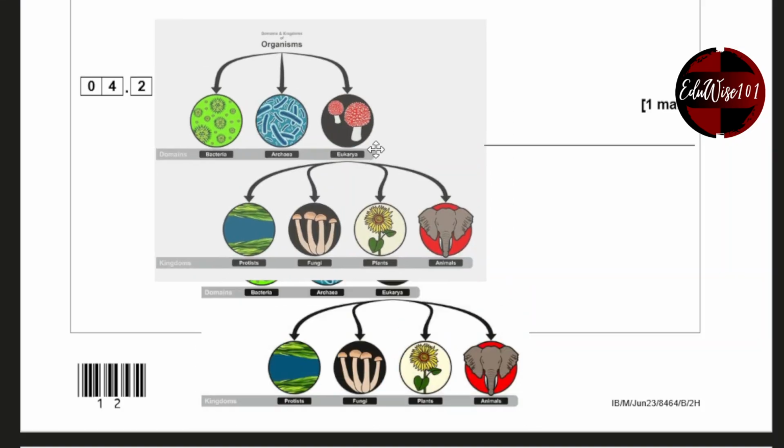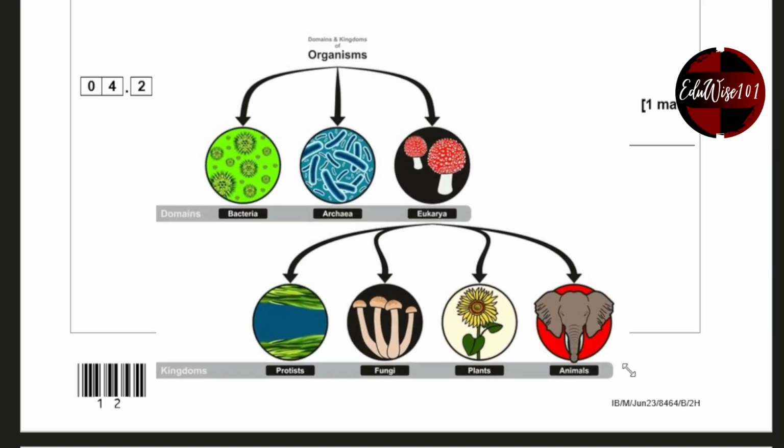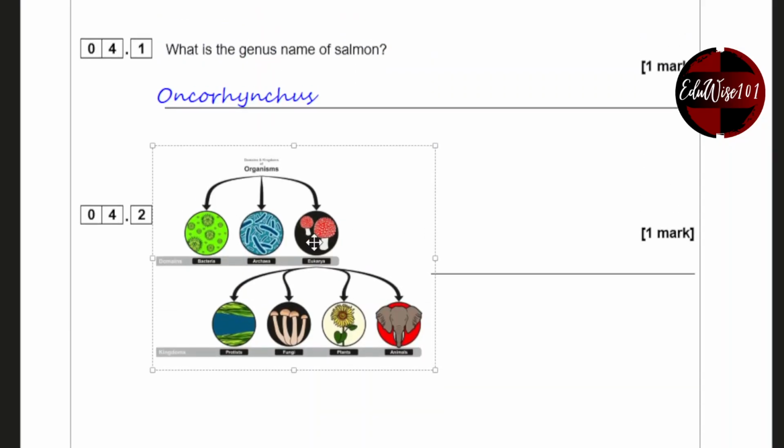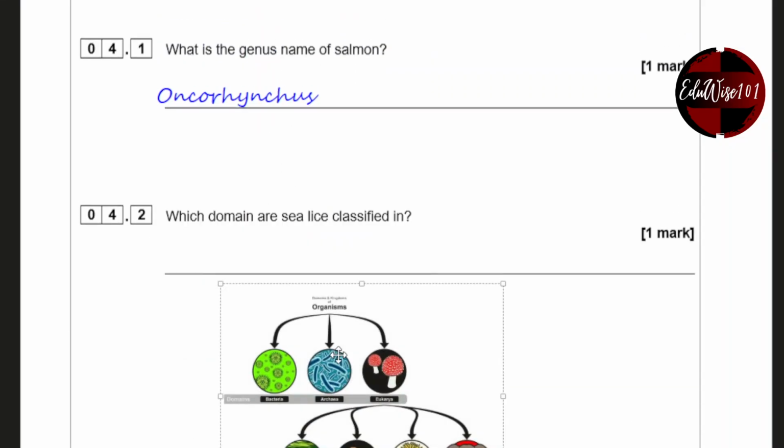So bacteria, archaea, and eukaryota. Eukaryota is where we belong as well, under animals. Under eukaryotes, you have plants, animals, fungi, and protists. Now, salmon and sea lice belong to eukaryota.